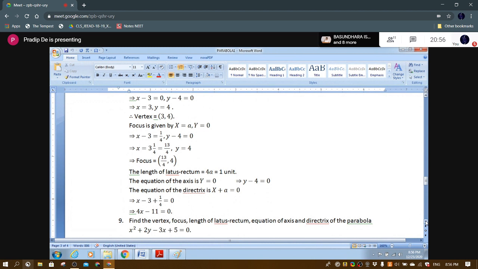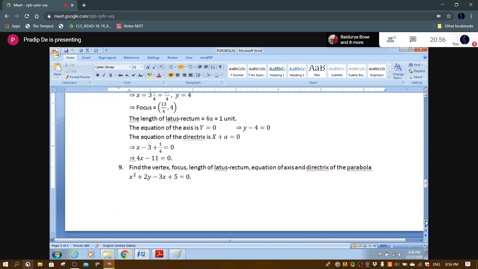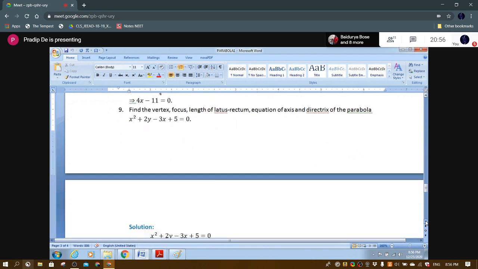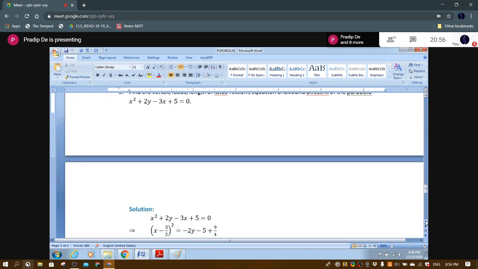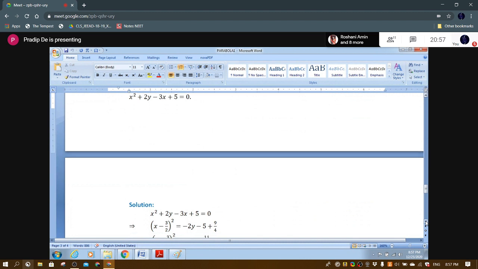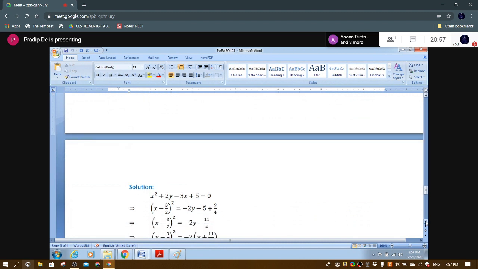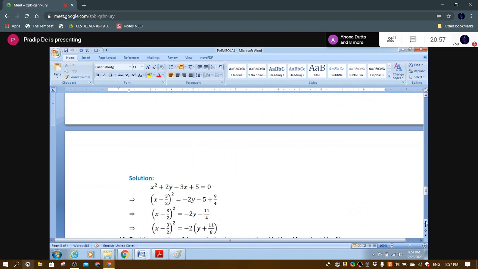So we take x terms together: x squared minus 3x. If we do that, we get (x minus 3 by 2) whole squared is equal to minus 2y minus 5 plus 9 by 4, which simplifies to (x minus 3 by 2) whole squared is equal to minus 2 times (y plus 11 upon 8).